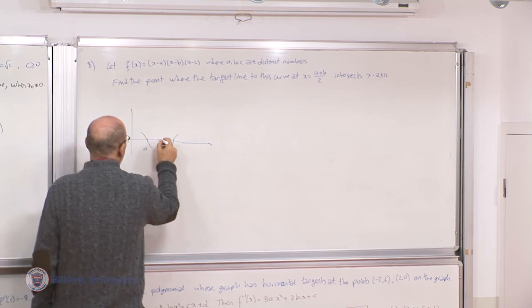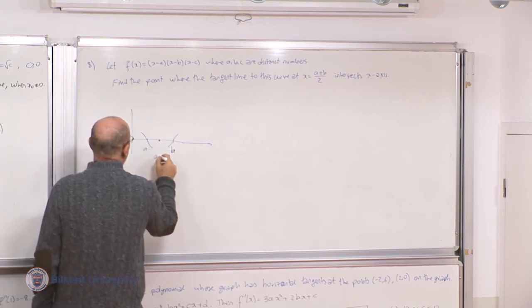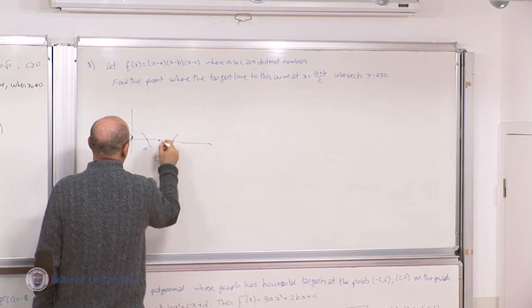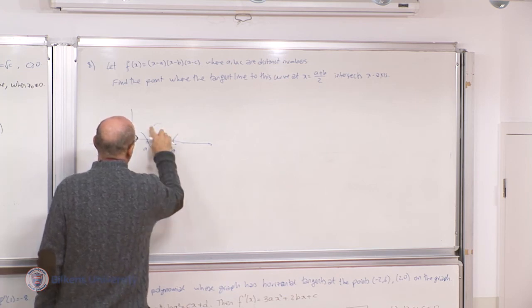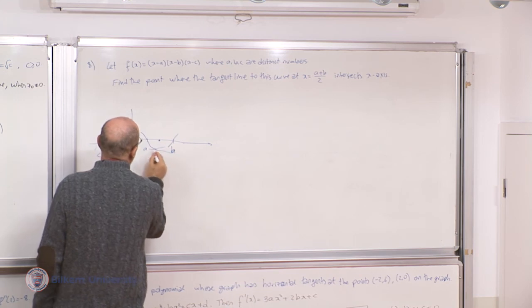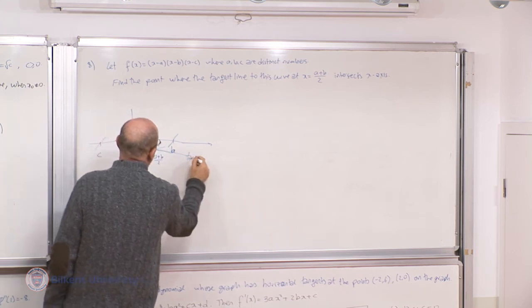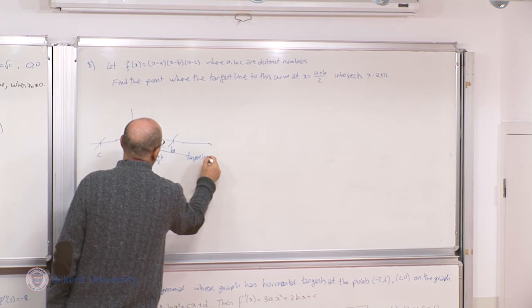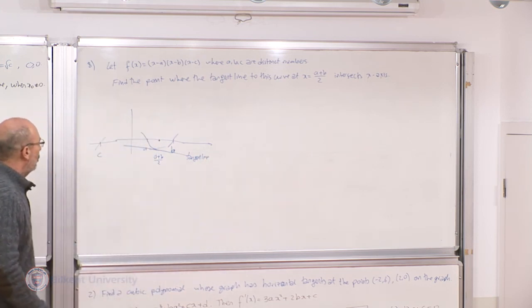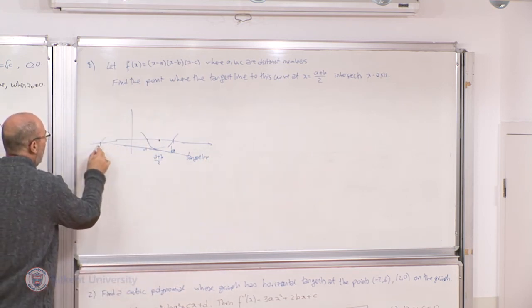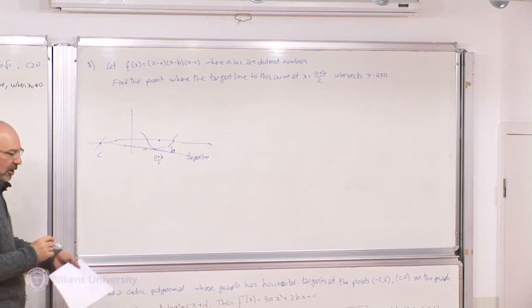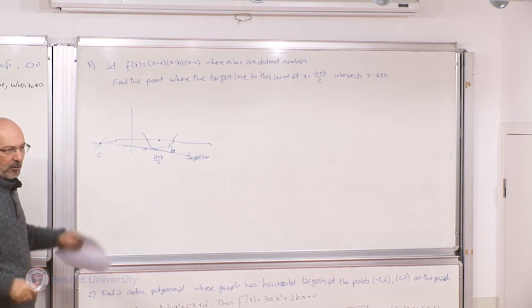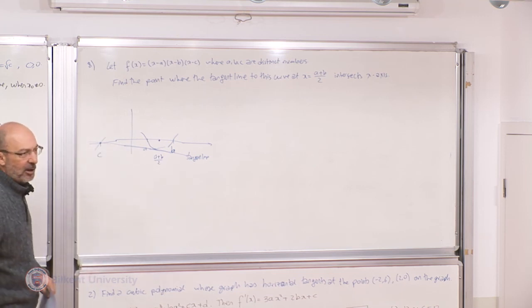At the middle point, (a plus b) over 2, we draw the tangent line and want to find where it intersects. We claim that it will always intersect at the other 0, but I'm not claiming anything here.